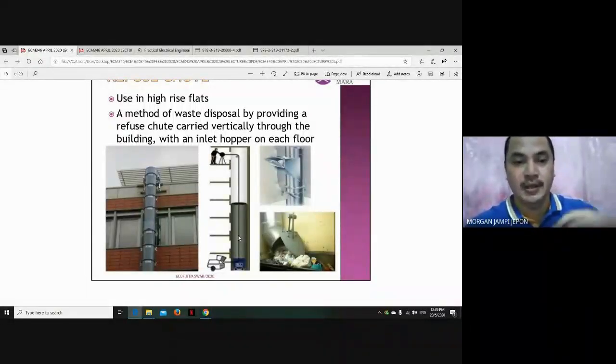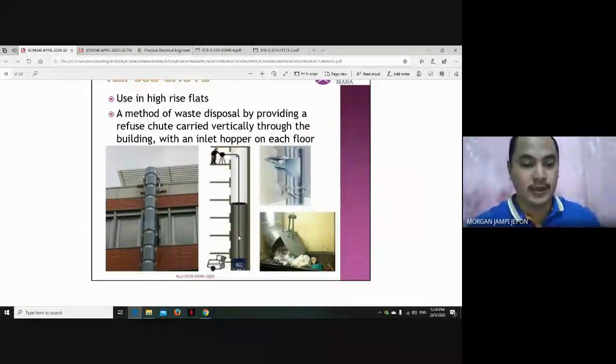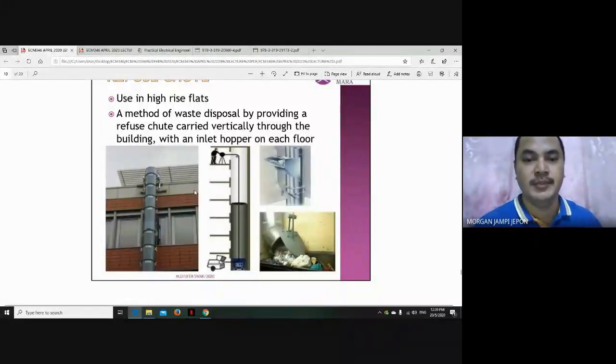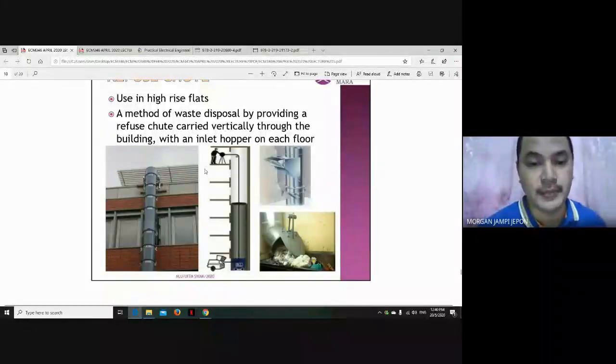The lorry or waste vehicle will suck the rubbish from one collection chamber. So that is called Technocum. This one is actually used in Sweden, but other countries are not known to use this system. All right, the system is called Technocum.